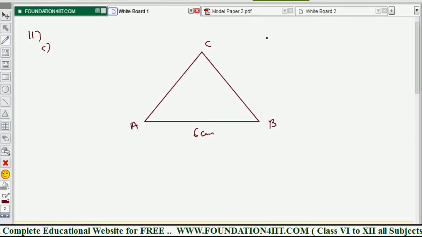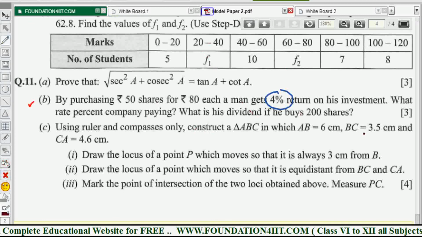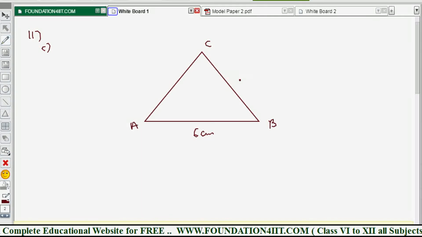So here BC is 3.5 centimeters and this is 4.6 centimeters. This is the triangle we need to construct. Just construct the base 6 centimeters, and from B draw a 3.5 centimeter arc, from A a 4.6 arc, and cut them. You can find the geometrical construction videos on the same channel.